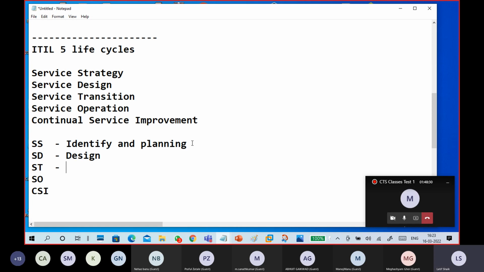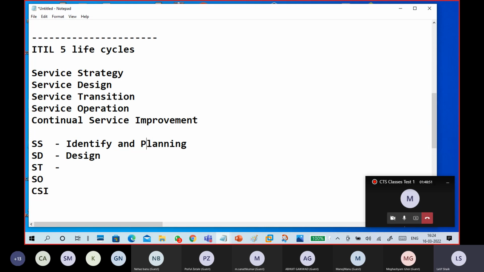Like when you want to implement an application. Identification and planning means what to do, what the investment is, and how many people should work on this particular business. That is planning.